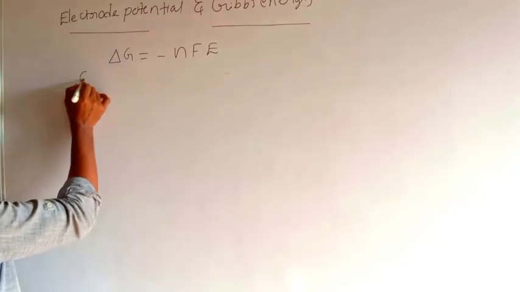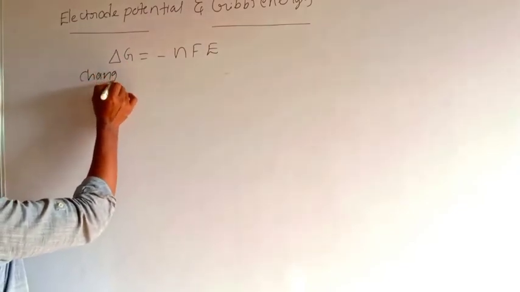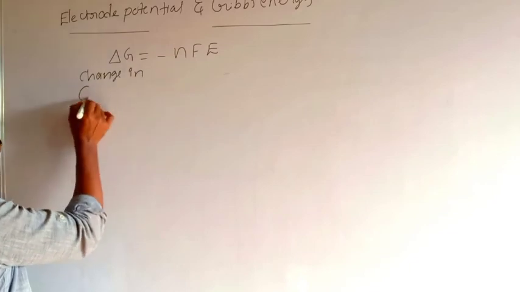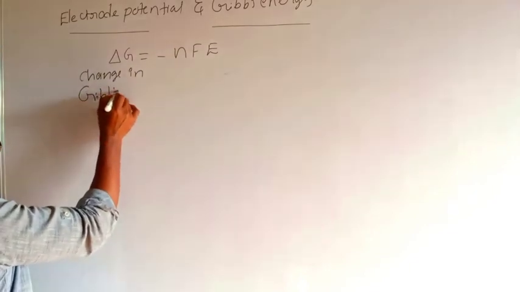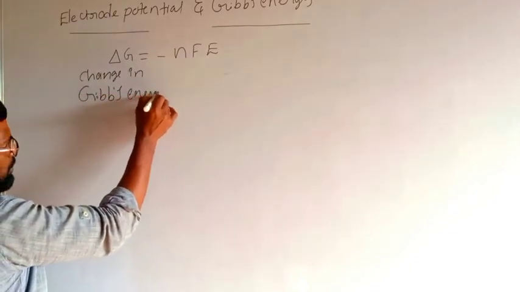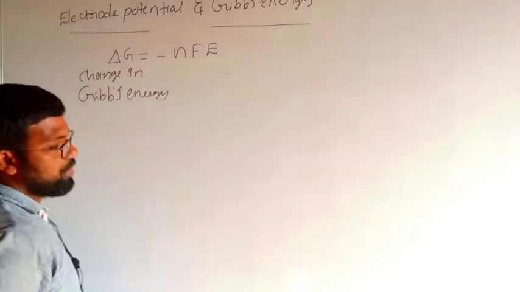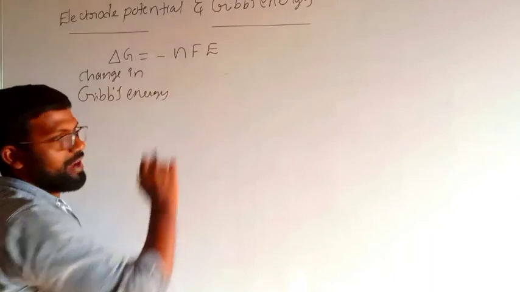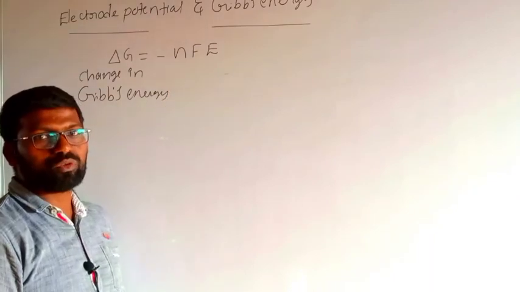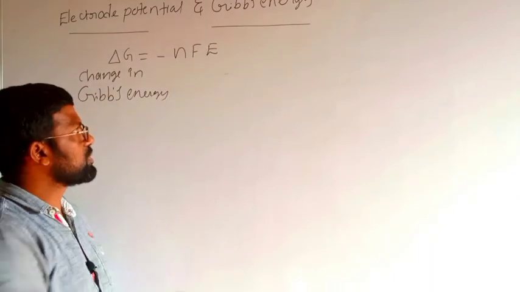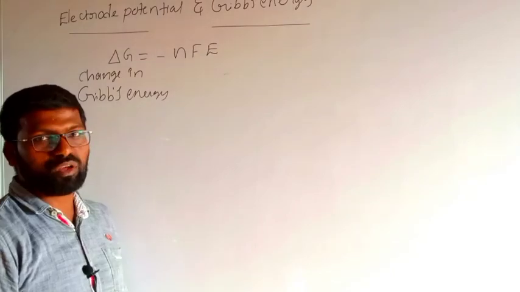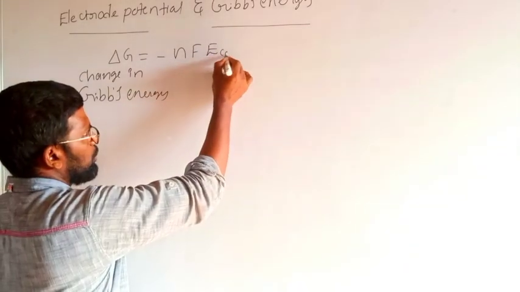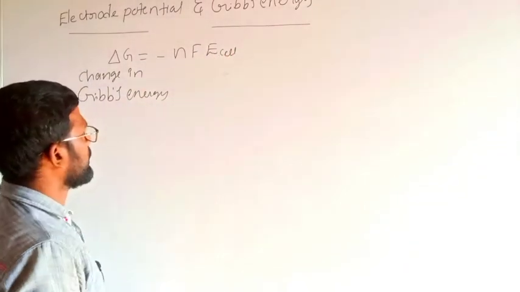Delta G is the change in Gibbs energy. And n is the number of electrons transferred during the electrochemical process. F is Faraday, whose value we know is 96,500 coulombs, and E is the electrode potential of the cell.